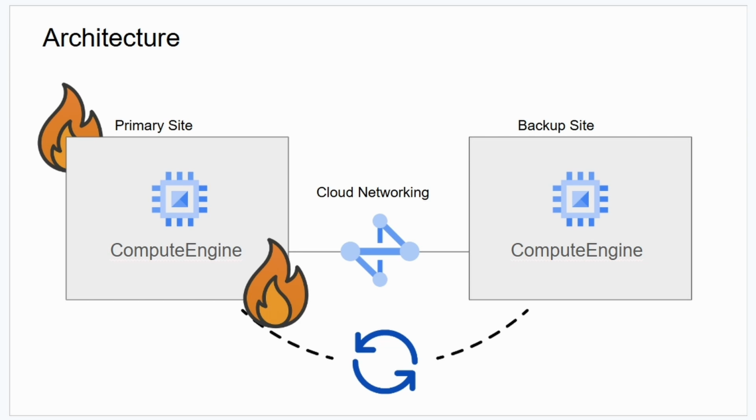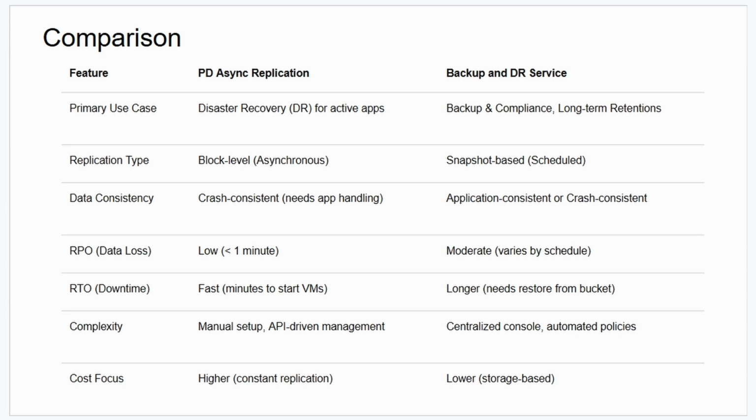Considering a Google Cloud architecture, the advantage is that you can choose different zones, different regions, and provide a very redundant DR architecture. So, considering one of these scenarios, let's compare some of the features.